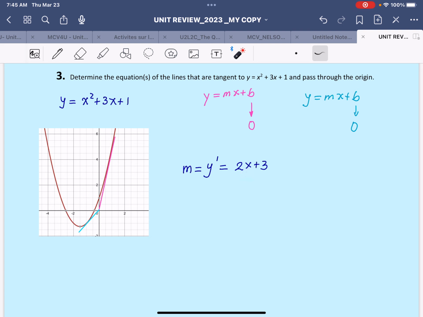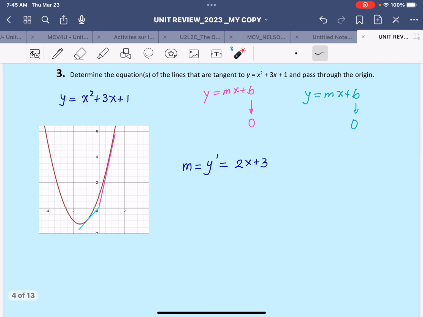Now, I hope that these examples help you understand that in our case, we're not looking for the slope of the tangent at any point. We are looking for the slope of the tangent drawn at these two specific points whose values we still are unsure of. So we don't know these values. But we do know that once we have the values of x where the tangent is touching the graph, then we can easily substitute the value of x in here and then find the slope of the tangent.